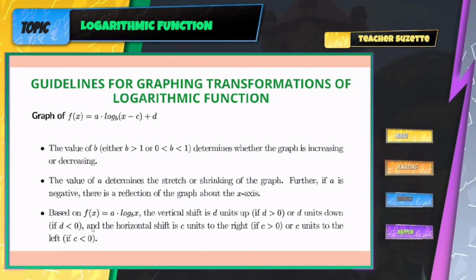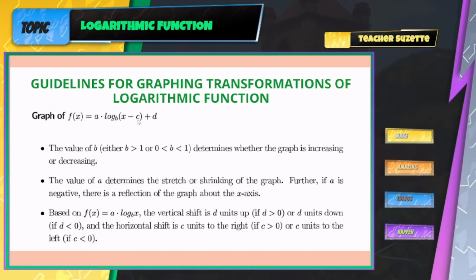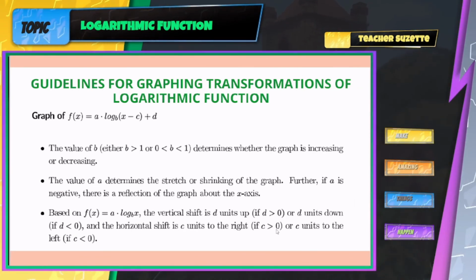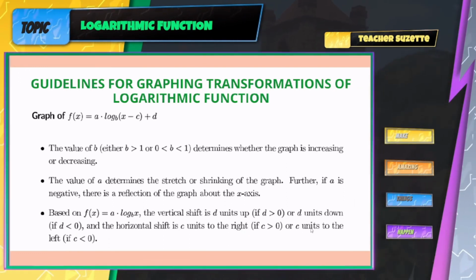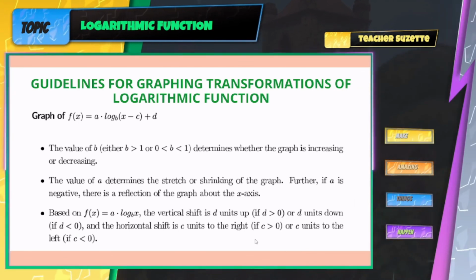Then, kapag ito naman ay less than 0, d units down. Then, again, for letter C, horizontal shift naman po siya. So, when our C is greater than 0, so magkakaroon tayo ng C units to the right. And when our C is less than 0, so you will have C units to the left.